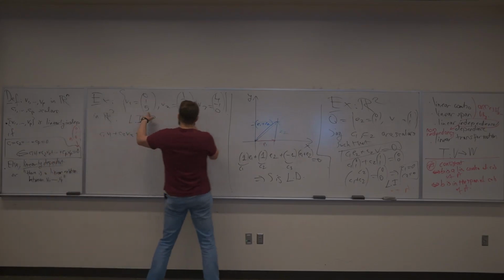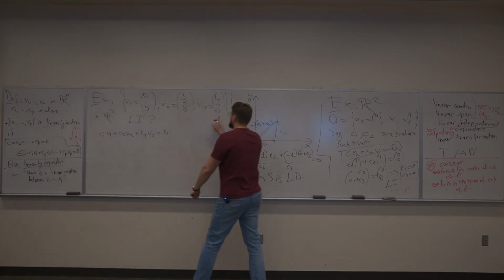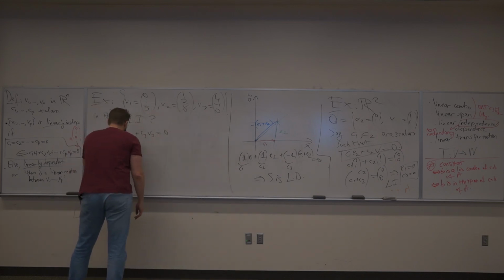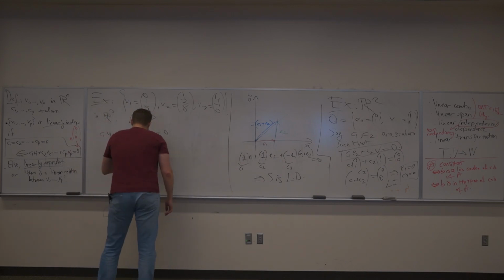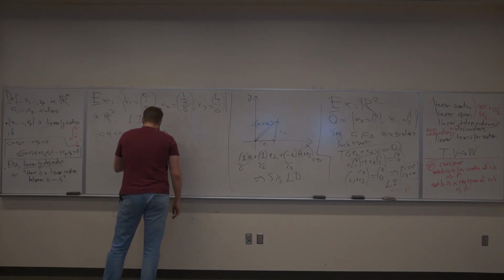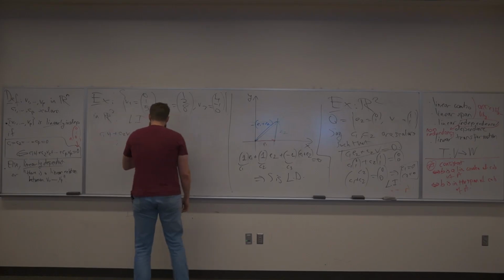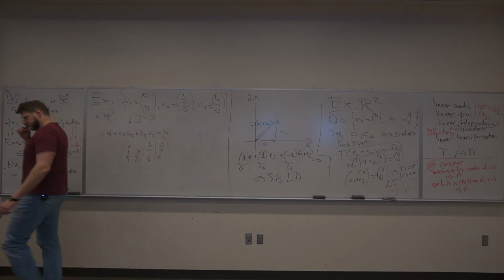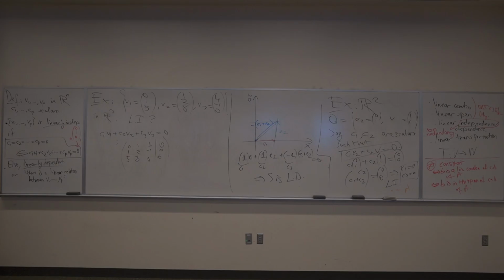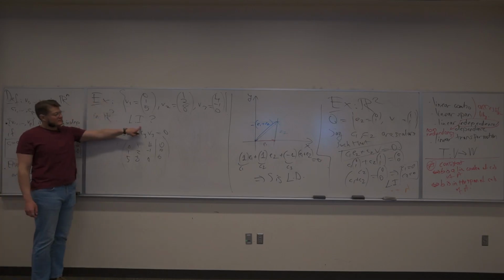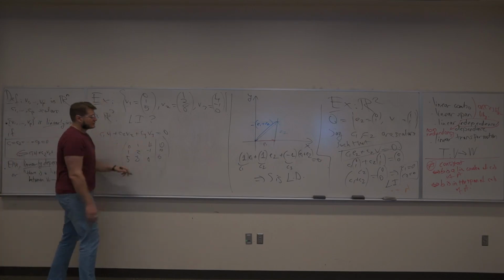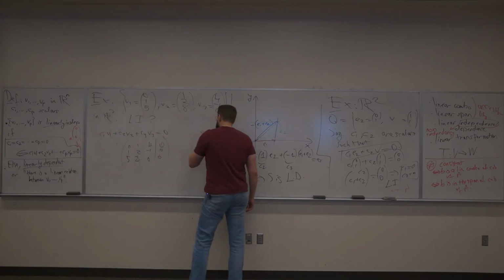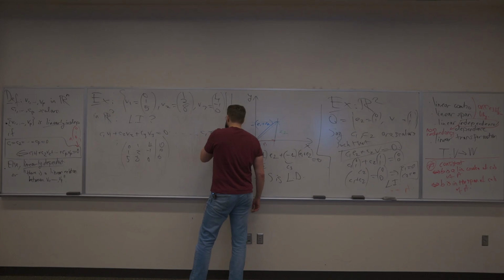You have one column, second column, third column. Write them down: 0, 1, 5, 1, 2, 8, 4, minus 1, 0, and then bar 0, 0, 0. That's the augmented matrix. This set would be linearly independent if, just by assuming this and doing some math, you can get that C1, C2, C3 are all 0.